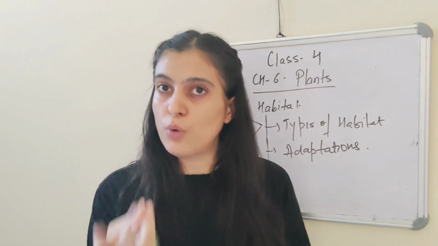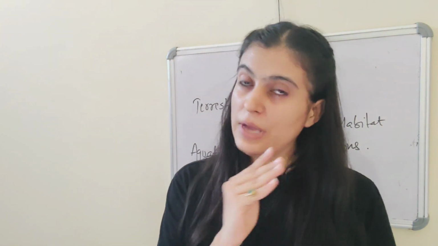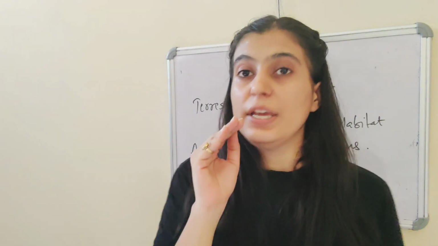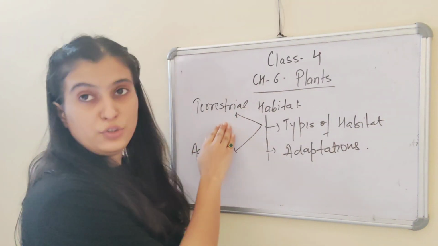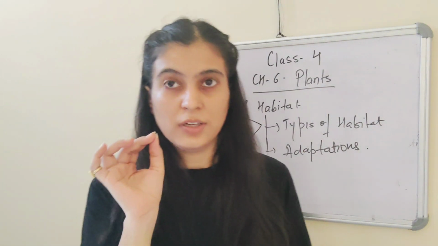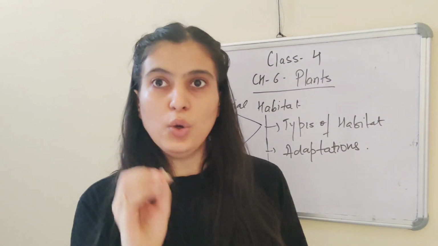You all know that plants need air, water, sunlight to grow, right? They require proper conditions to grow, which we have also discussed in the previous chapters. Now, if we see the habitats, terrestrial habitats and aquatic habitats. In terrestrial habitats, there are plains, mountains, and deserts also. So, at mountains, the temperature is very low.